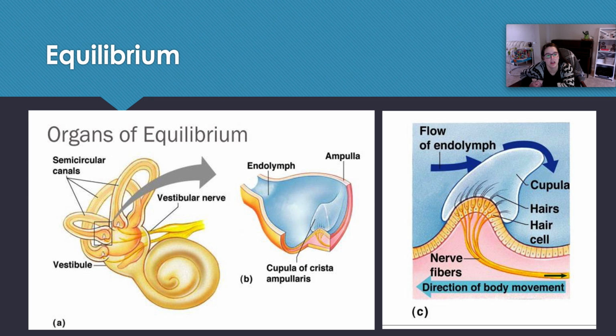With the saccule and utricle, you don't have to move for those to understand your balance. So for example, if you're standing still, if you're sitting still, you can still maintain your position.